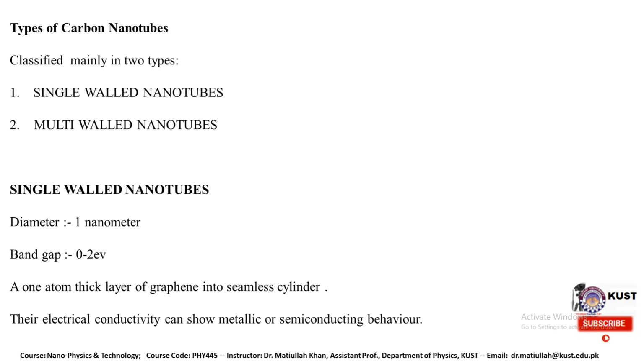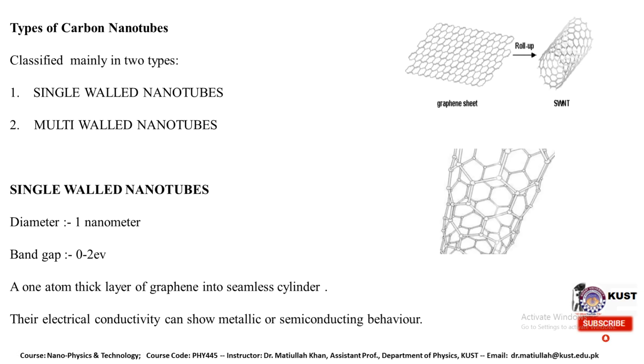In the case of single wall nanotubes, the diameter is around 1 nanometer, and if you look at the band structure, it has a band gap of around 0 to 2 electron volt, with a one-atom-thick layer of graphene in seamless cylinders. Their electrical conductivity can show metallic or semiconductor behavior. These are images of some single wall carbon nanotubes.